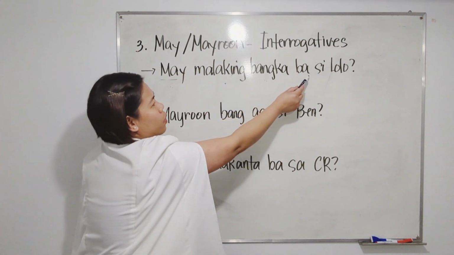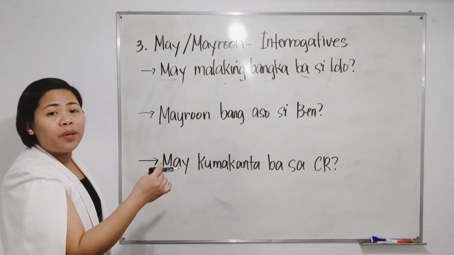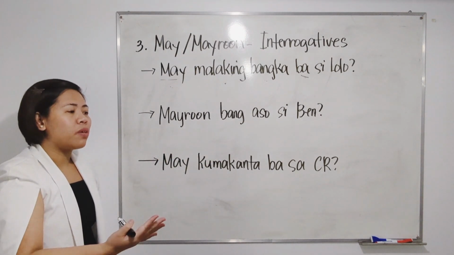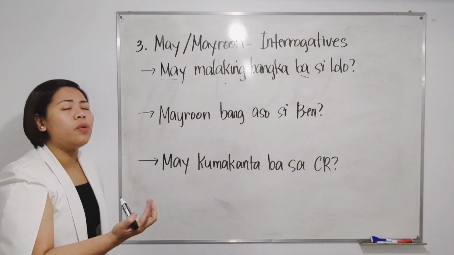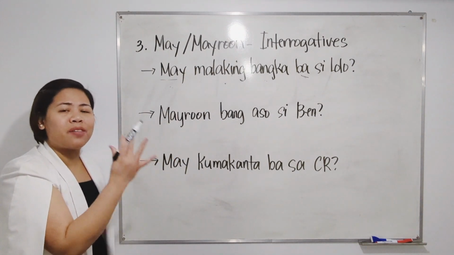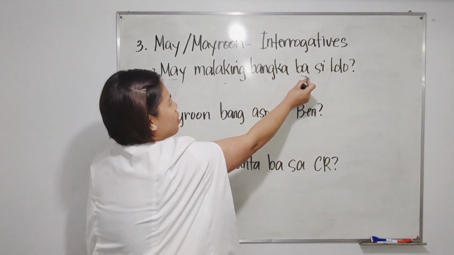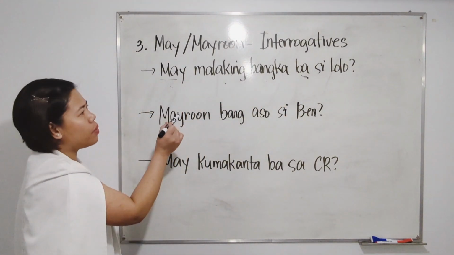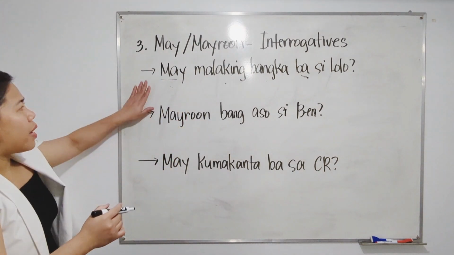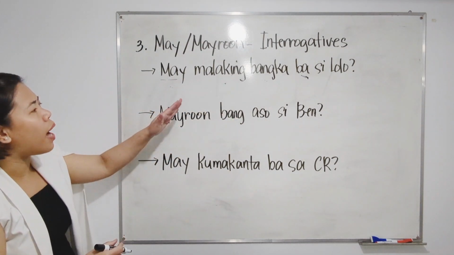So, you're going to take this one, the ba. Ba is a word particle. When Filipinos are asking questions, usually we use ba. I discussed the question forms in the previous lesson. You might want to review that. So, we can put ba after my. So, we say mayroon. We can use mayroon because we are going to put ba, right? So we say mayroon bang.